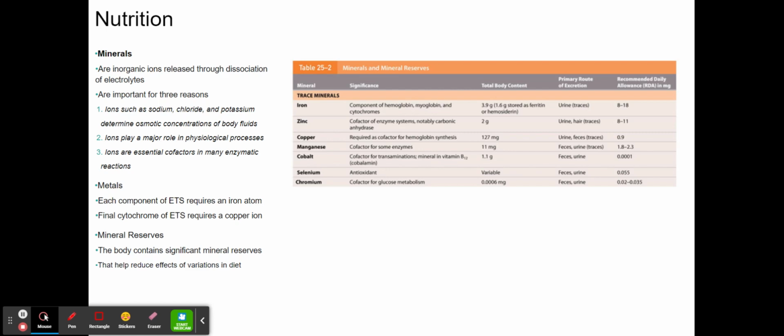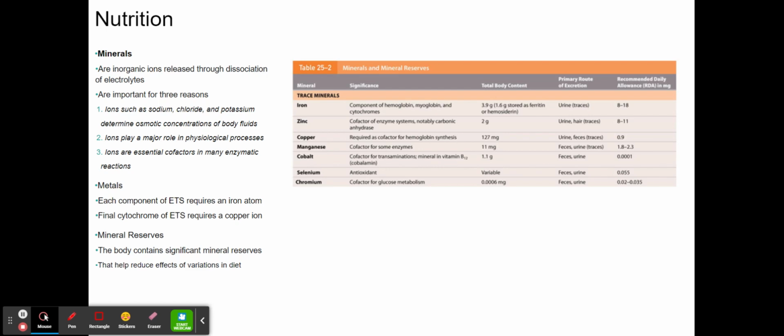This enzyme requires the presence of zinc ions. Finally, each component of the electron transport system requires an iron atom. The final cytochrome, a3 of the ETS, must bind a copper ion as well. The major minerals and a summary of their functional roles are listed in Table 25-2 that you see here.